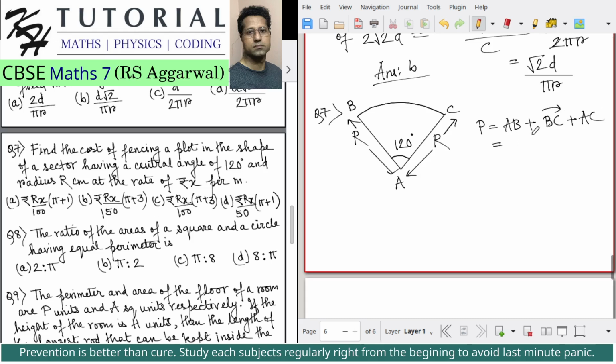Now AB is equal to AC is equal to capital R, that is the radius of the sector. So we have twice capital R plus BC. Now what is the length of the arc BC, which makes an angle of 120 degrees at the center?